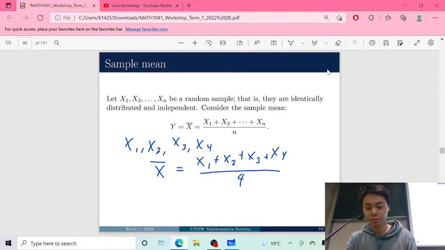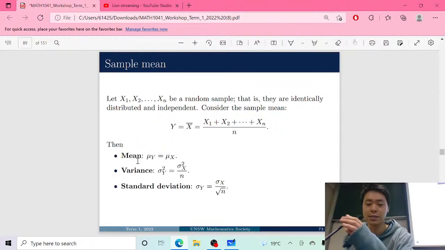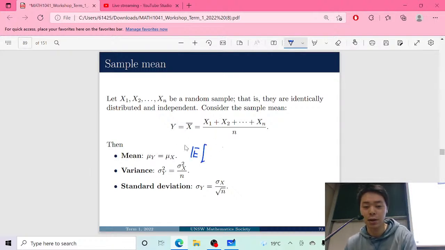So one thing you can note is that the mean of the new random variable is precisely the mean of any one of these random variables, because each of them are identically distributed, so the mean across all of these random variables is the same. And you can verify this, it is very easy to check, right? If you consider the expectation of Y, that's just going to be the expectation of this entire thing here, divided by n.